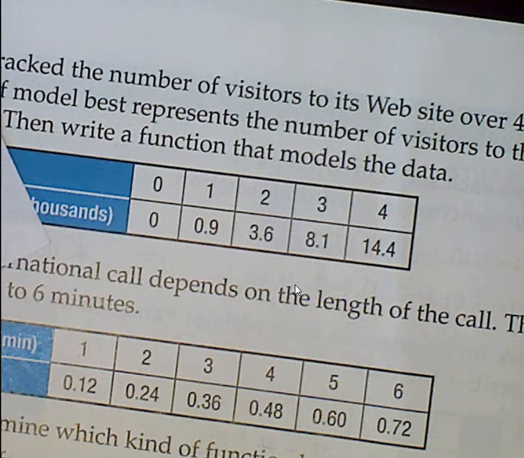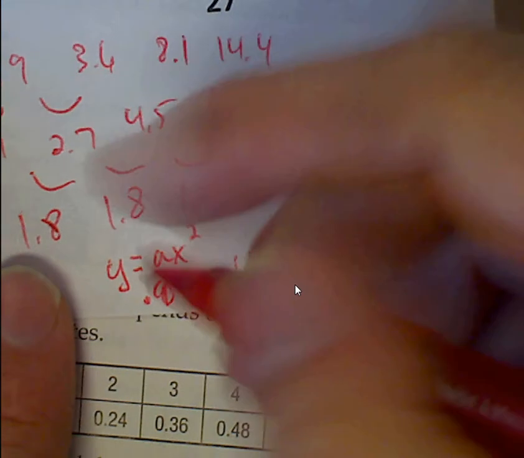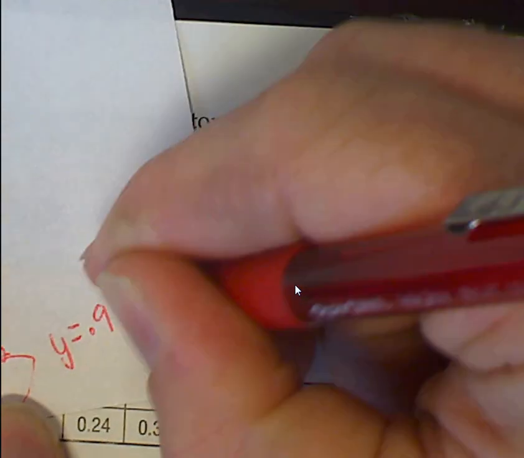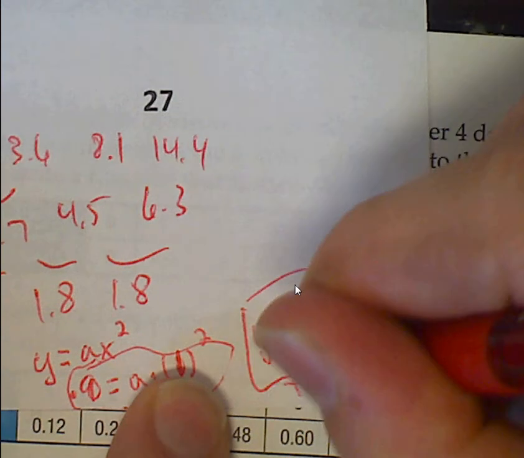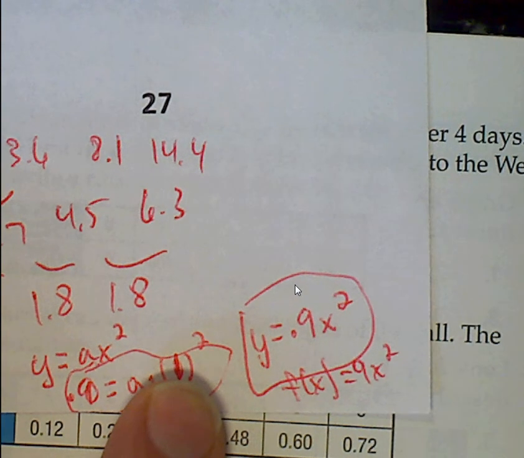I can't choose 0, 0. Let's choose 1, 0.9. So 1 is my x, 0.9. So then a has to represent 0.9. So my quadratic has to be y equals 0.9x squared. So my function would have to be f of x equals 0.9x squared.